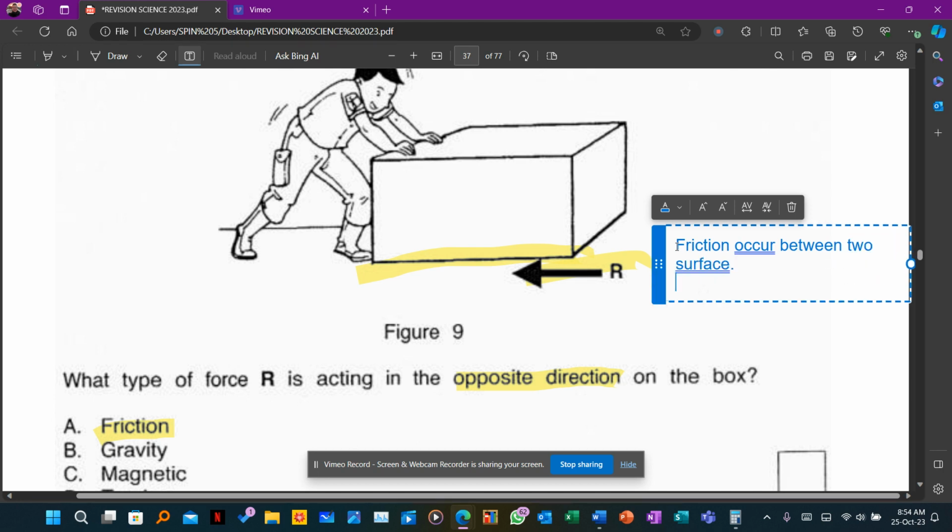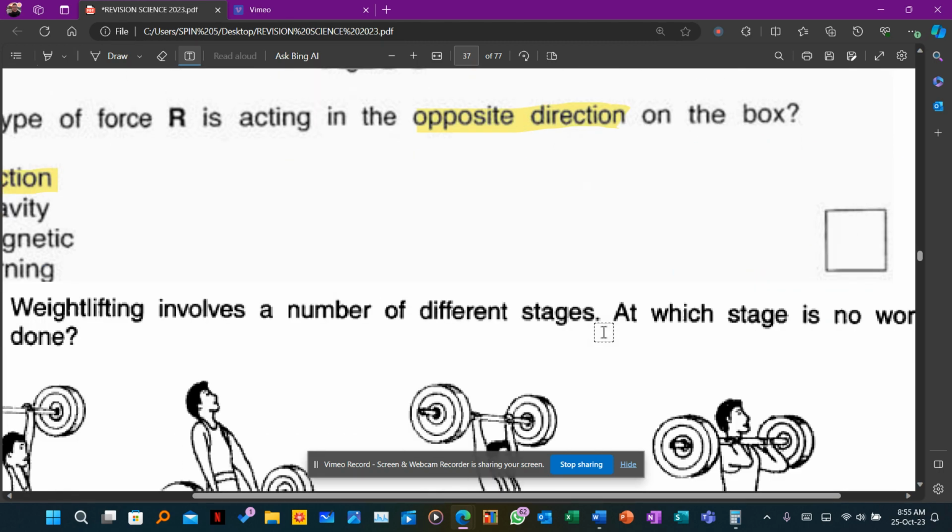And if a lot of friction occurs, it can lead to wear and tear, like your shoes or your clothes eventually have holes here and there because of wear and tear. Also, it can create heat. For example, you rub your hands, it creates heat. Those are friction. Just a reminder if it ever comes out in the exam.